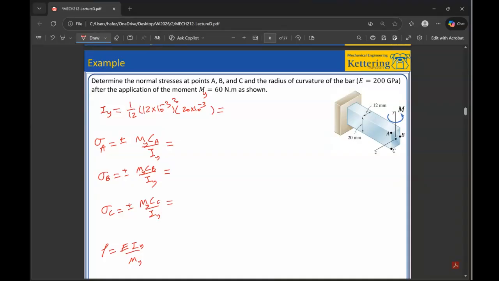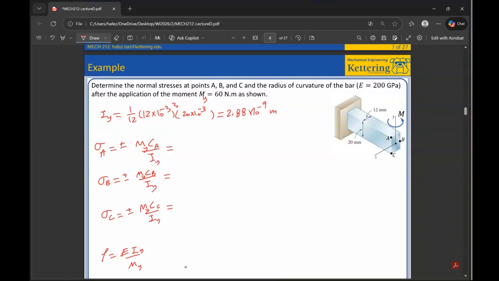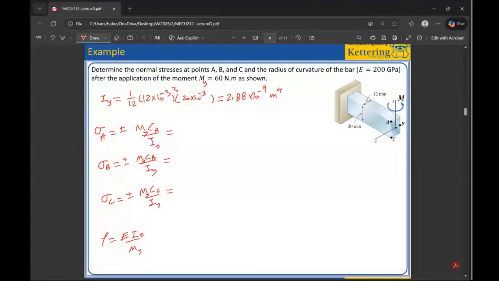So cube that one. 2.88 times 10 to negative 9 meter to the fourth. You don't have to convert it to any other unit. Leave it as SI. That's the number that we need for stress calculations.